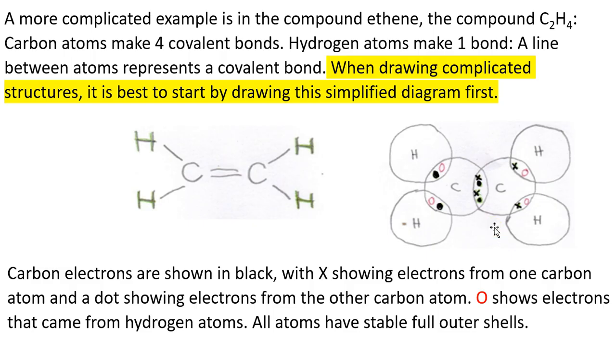There's my complete dot and cross diagram. As I say, for the carbon atoms, the electrons are shown in black, crosses showing the electrons from one carbon atom, dots showing the electrons from the other. And my little red circles show electrons from the hydrogen. The important thing is that all atoms get full, stable outer shells.